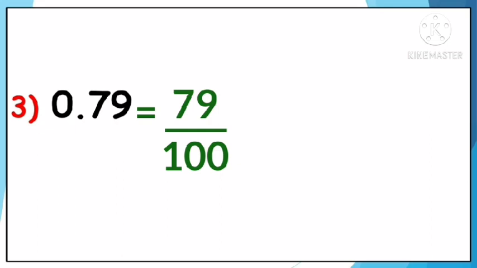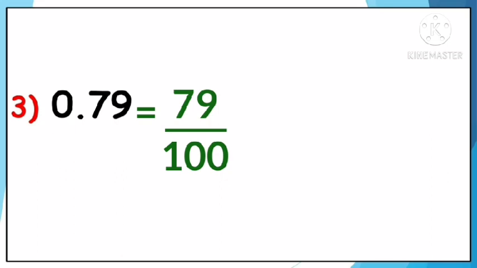Now the third one, 0.79. This can be represented as a decimal fraction like 79 by 100. Here, before the point, it is 0. So there is no whole part for it. So it cannot be represented as a mixed number.